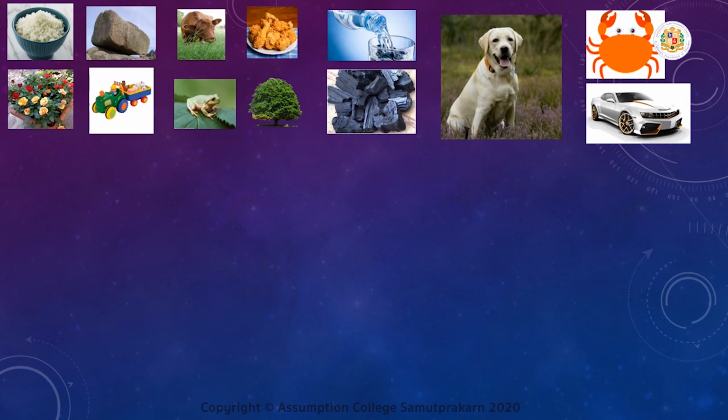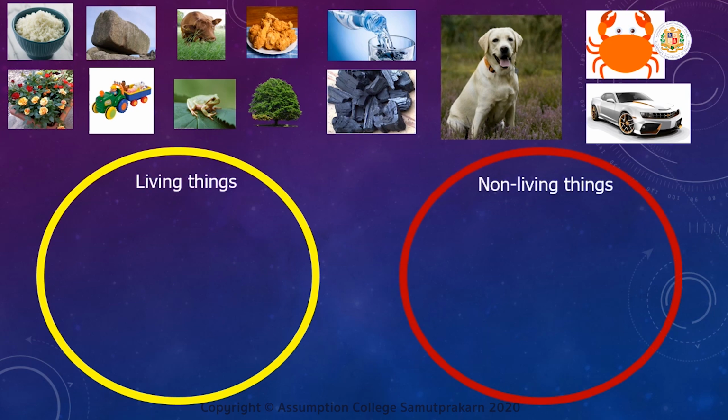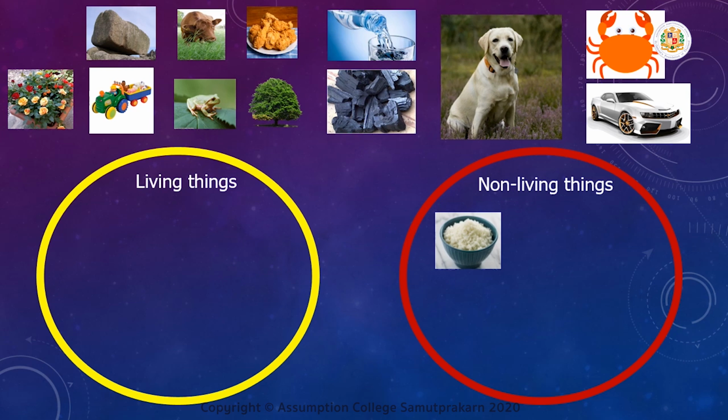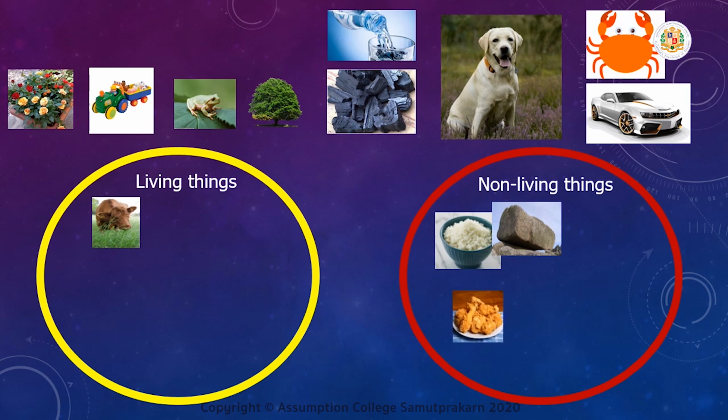Here are the things you have to classify or group into living things and non-living things. Okay, turn your brains on. We have to find it and group them. We start from the rice bowl. The rice bowl belongs to non-living things. How about the rocks? The rocks belong to non-living things. A cow, living thing. Fried chicken, non-living thing.